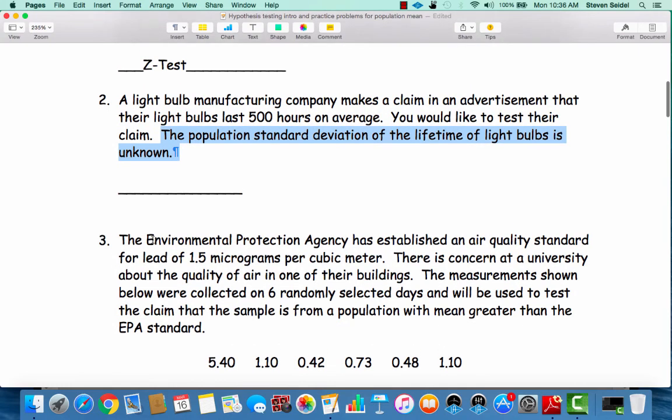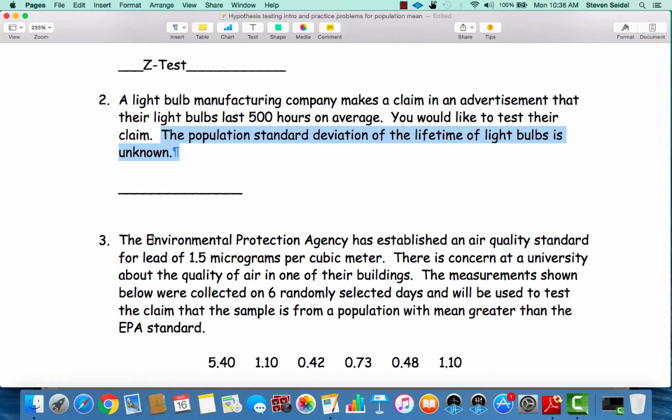Now, for number 3, the Environmental Protection Agency, EPA, has established an air quality standard for lead of 1.5 micrograms per cubic meter. There is a concern at the university about the quality of air in one of their buildings.